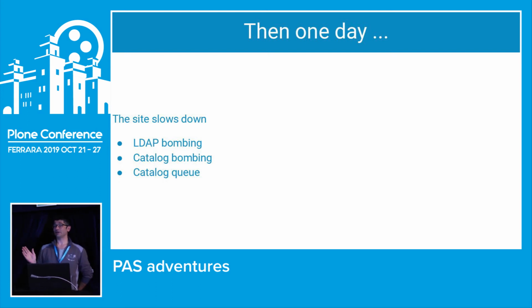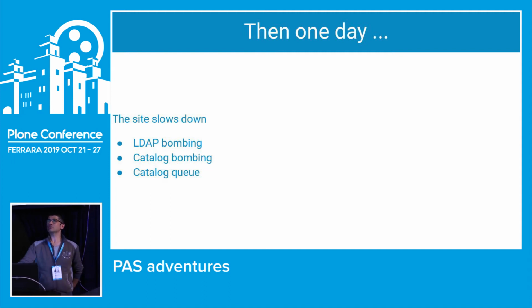It is really fast, but it turned out that we were asking too many things in the wrong way, so we had a slowdown because of our too many queries to LDAP, even with the cache in place. So it was really a problem.